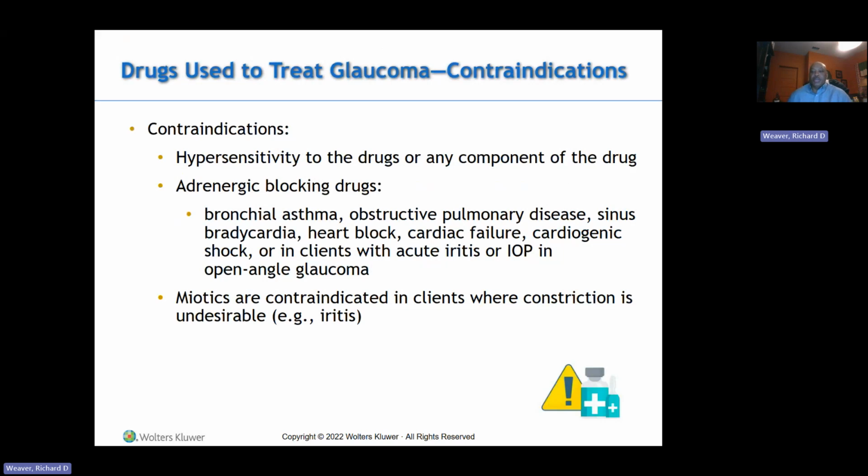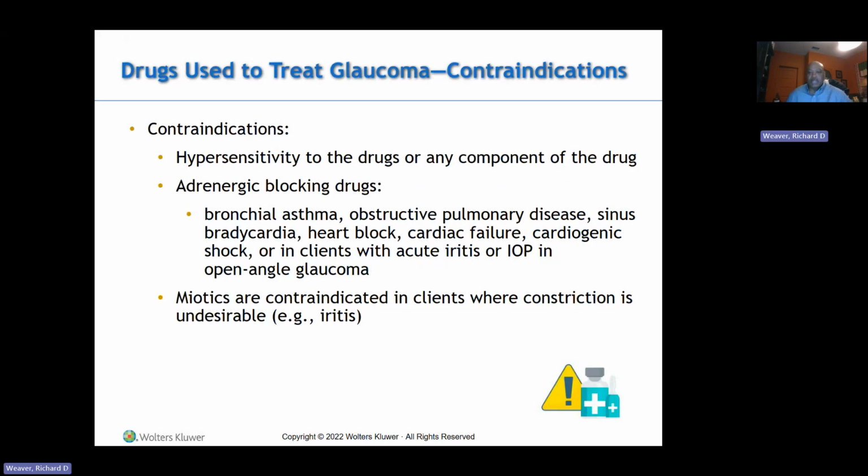Now, these drugs should not be used in conditions in which pupil constriction is not desirable, such as acute iritis, inflammation of the iris, and in treatment of intraocular pressure in those with open angle glaucoma.